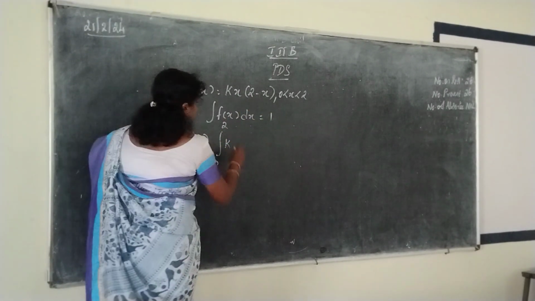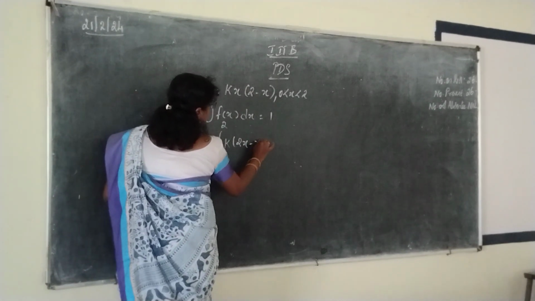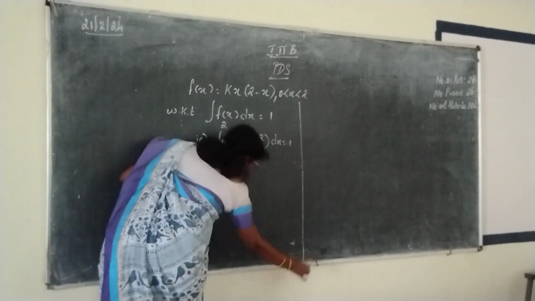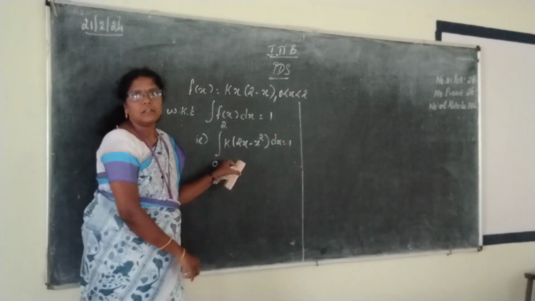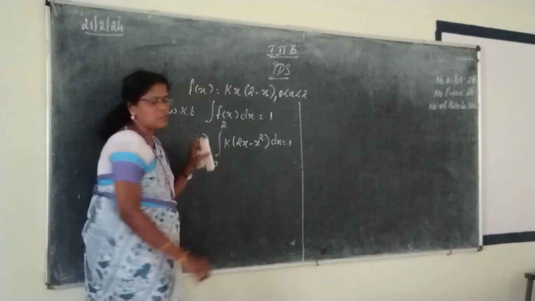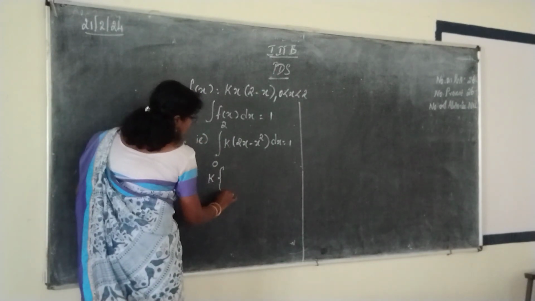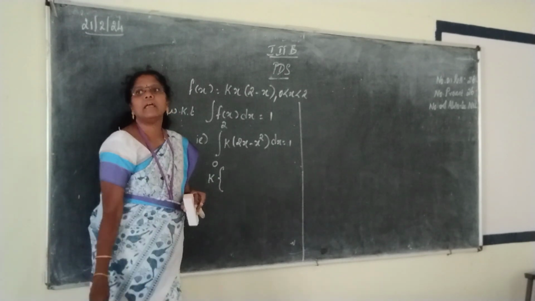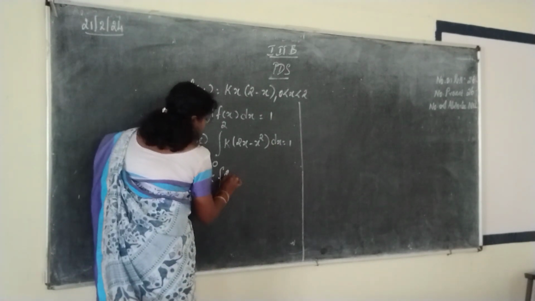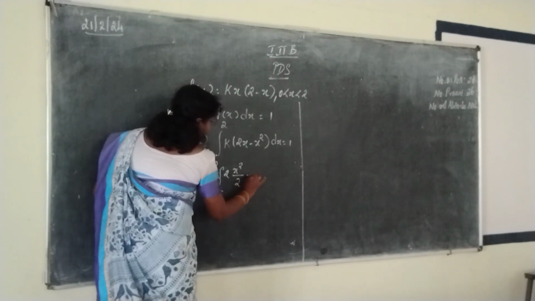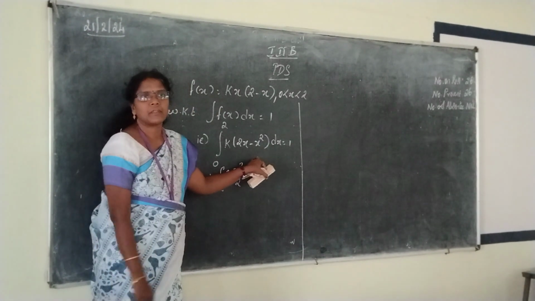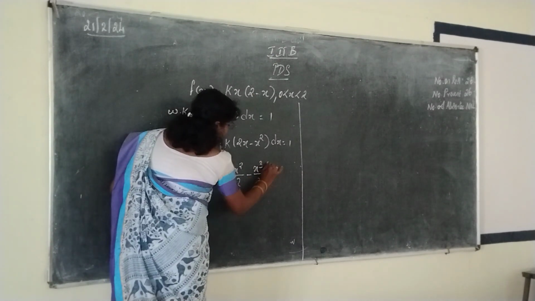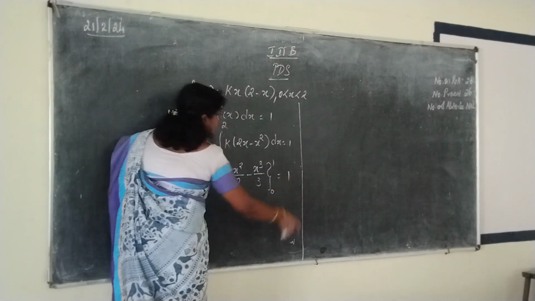So k into the integral of 2x minus x square dx is equal to 1. Now k is a constant, take it outside. Integral of 2x is 2 into x square by 2, minus the integral of x square, x cube by 3, within the limit 0 to 2, equal to 1.